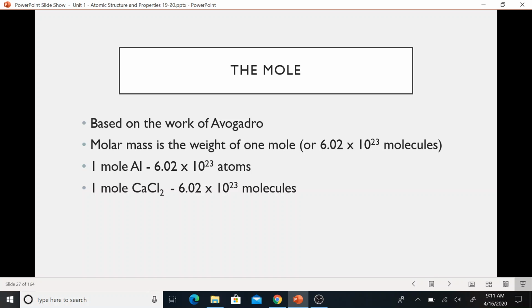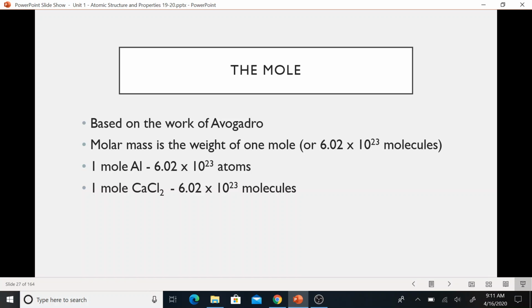So if we're thinking about this in terms of molar mass, if you have 6.02 times 10 to the 23rd formula units of calcium chloride, that means you're going to have a molar mass of calcium chloride that's 110.98 grams. So if you take all of those molecules, or excuse me, formula units, 6.02 times 10 to the 23rd formula units of calcium chloride, that would have a molar mass of 110.98 grams, right?